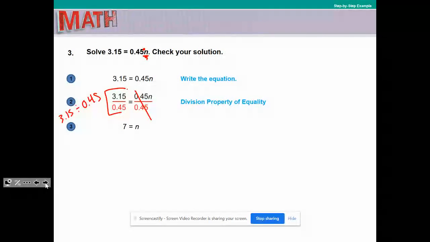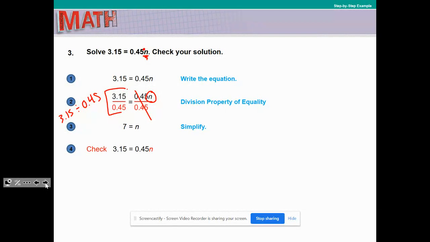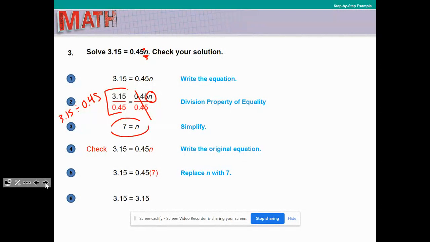It makes it feel like I'm really isolating that variable, getting rid of everything using inverse operations. All right, then we can check it. We rewrite the original. We replace that variable with the number we think it equals, and we test it out, and looks like we balanced it. So then we can circle this with confidence because we checked our answer.